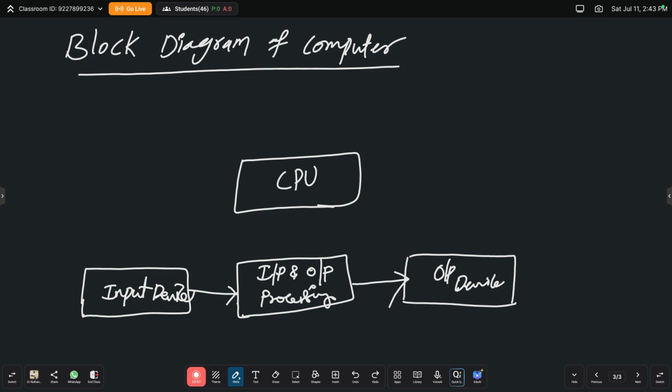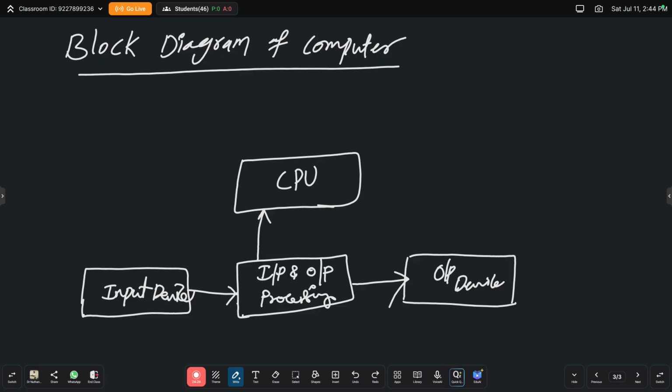Then what happened? Input will come to input-output processing. This is going to be sent to get the outcome for the input from the user. So the CPU, central processing unit, will perform your operation. When the central processing unit performs some operation, what is required?